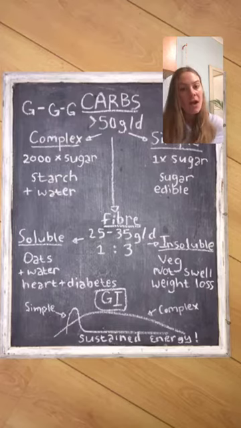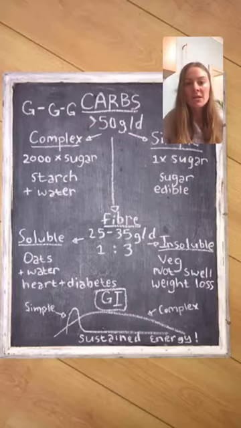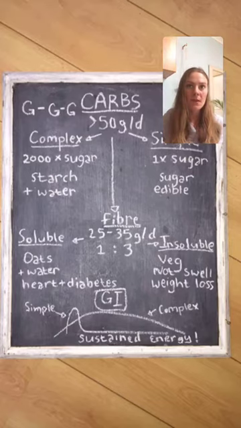Okay, so how much carbs do we need to eat per day? So at the top, I just showed you that you need to eat more than 50 grams of carbs per day in order to prevent ketosis. So ketosis is just a form of an energy system that your body can run on.